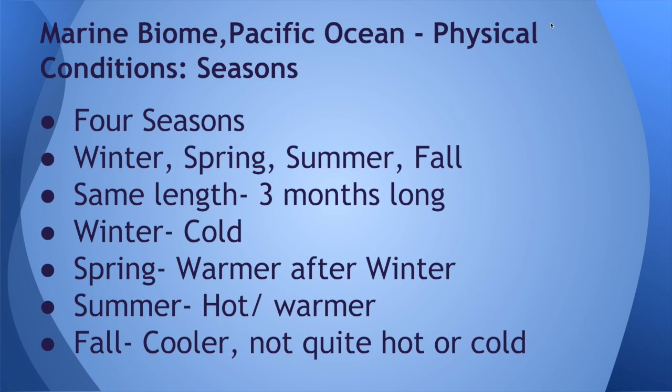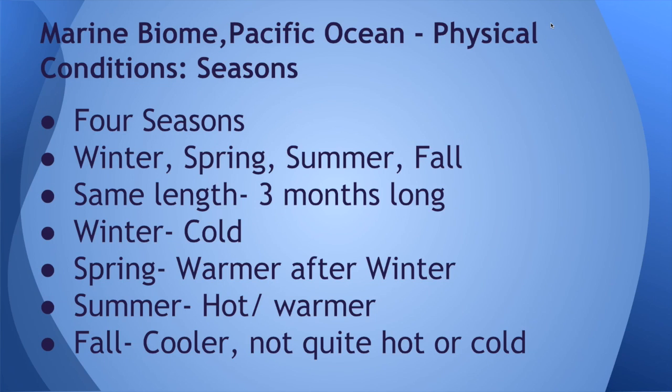The seasons of the ocean are pretty consistent throughout the Pacific Ocean. Spring, summer, fall, winter. They're the same length, 3 months long, and the winter is always the coldest season, but if you live closer to the equator, it's not going to be that cold.